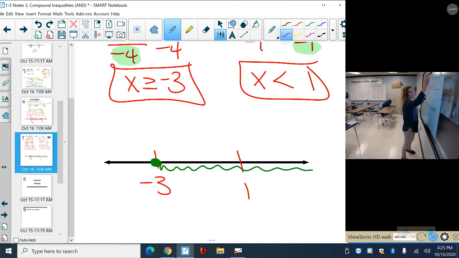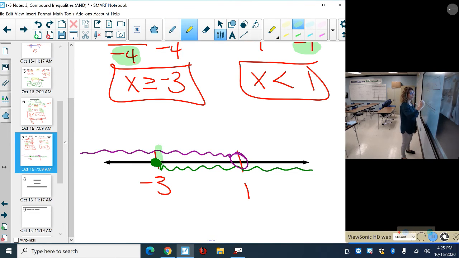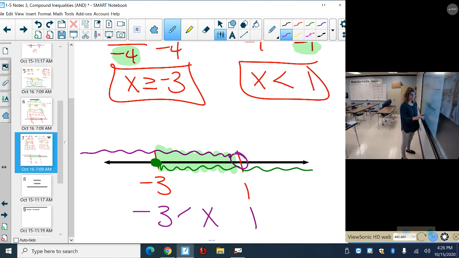At 1, it is an open dot, and I want everything below it. So where do they overlap? They overlap in the middle, which means I put up my numbers, I put X in the middle, and I always use the less than symbols, but I check to see if it's a closed dot, I put the line underneath it, open dot, it stays.